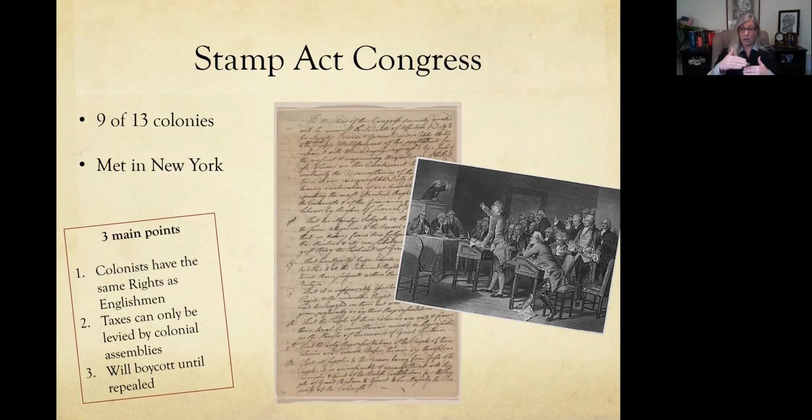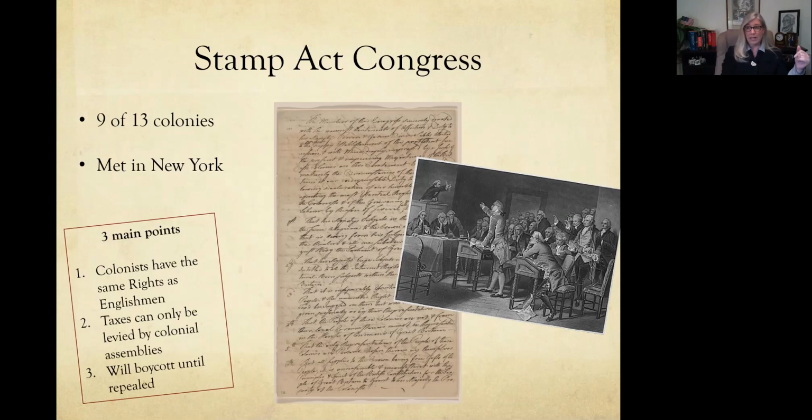So they kind of draw a line in the sand. We're not going to pay your taxes. And they were willing to boycott British goods until the Stamp Act was repealed. This whole thing is about money. So one of the leading places where England is making money is exporting finished products to the colonies.